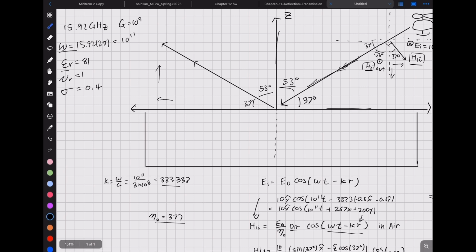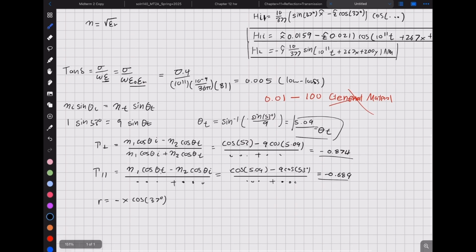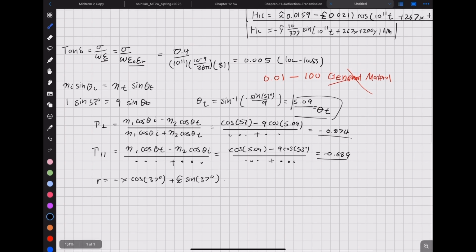The x is in the cosine component, so it's going negative, and then the z should be plus z hat sine of 37 degrees. And that's going to equal negative 0.8 x plus z 0.6, and multiply all that by the same k as we found earlier.